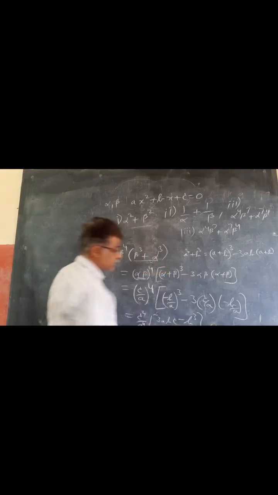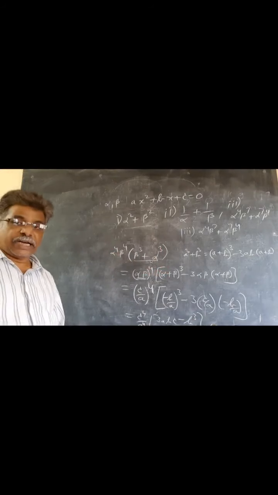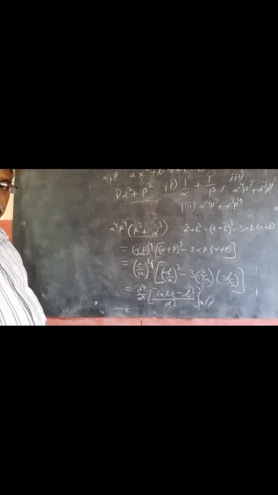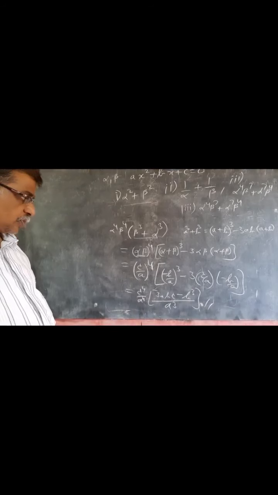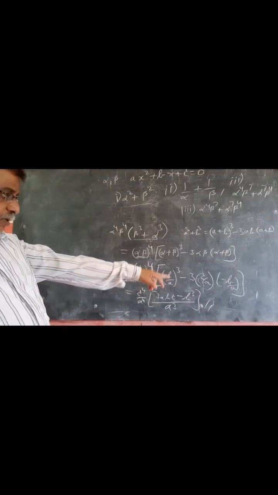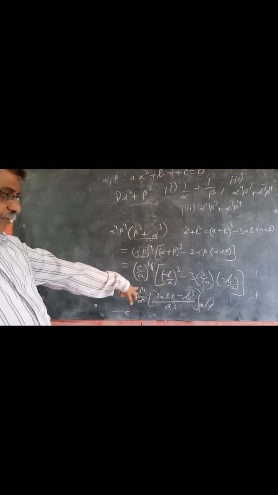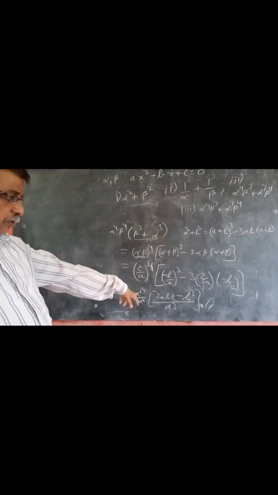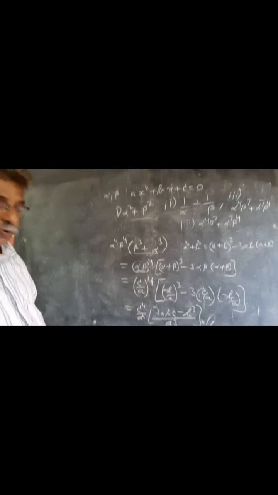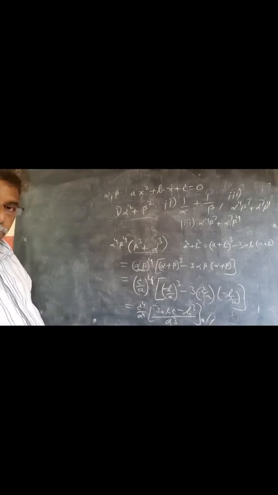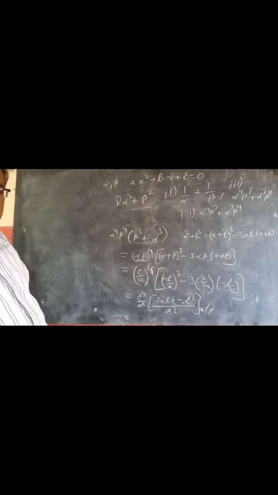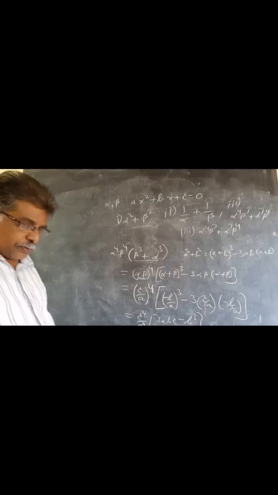This is the final result. Taking the a cube LCM, that becomes 3abc, and I write minus b cube at the beginning. So it is 3abc minus b cube by a cube into c power 4 by a power 4 as it is. I am not changing the c power 4 by a power 4.